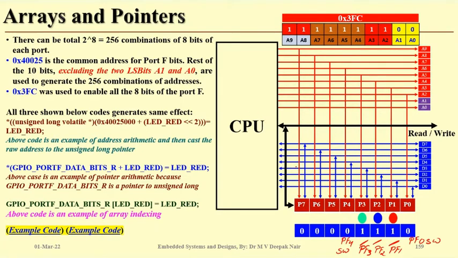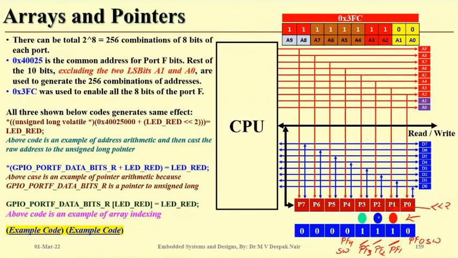So what is the bit position? This is the first position, this is the second position. So if I want to make 1 in this position, I will just use this code: move 1, 2 positions left.